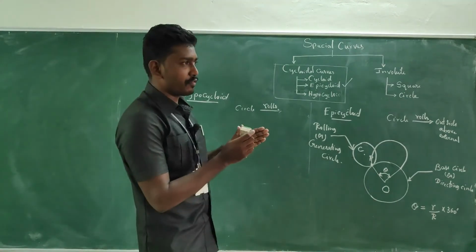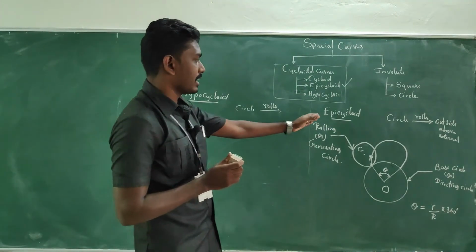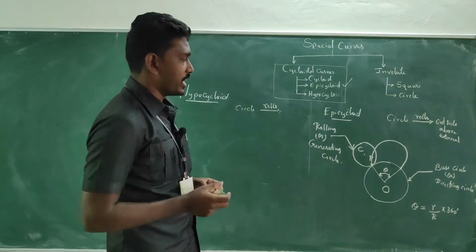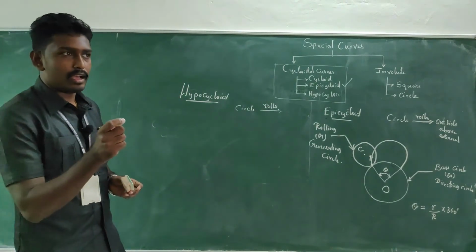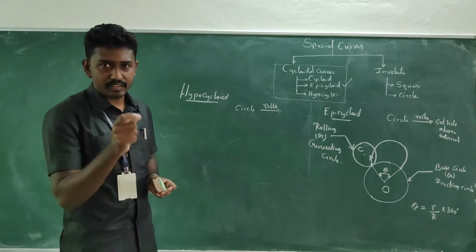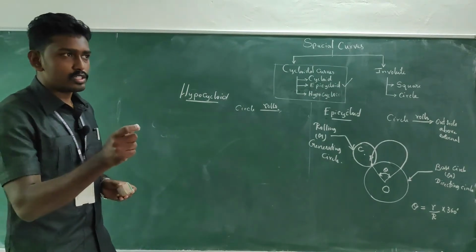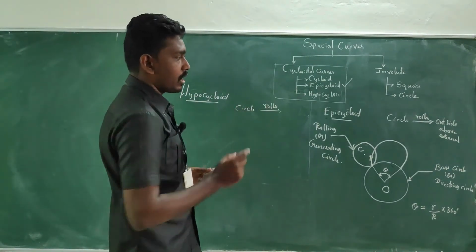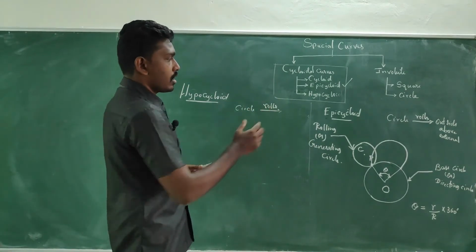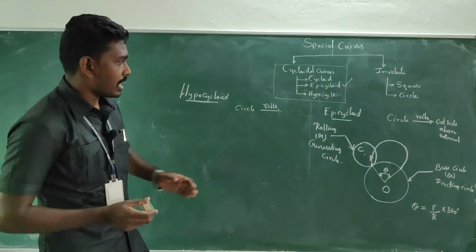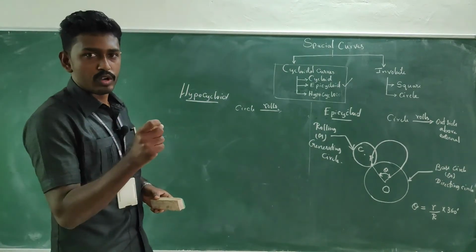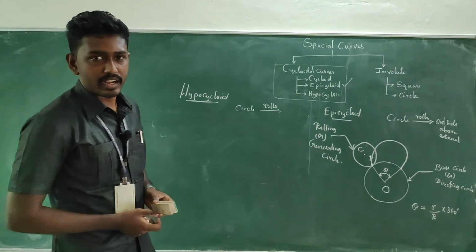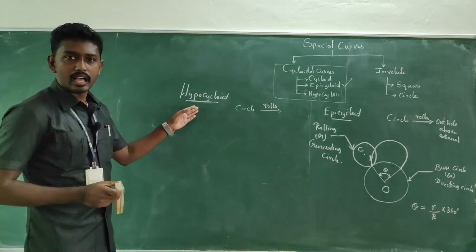So the concept of the hypocycloid is similar to epicycloid. A small change is there. There I mentioned that when a point on the circumference of a circle rolls on the outside, or above another circle, it's an epicycloid. Here, when a circle rolls inside of another circle, we can say it is a hypocycloid.